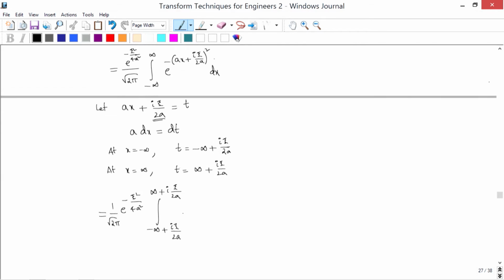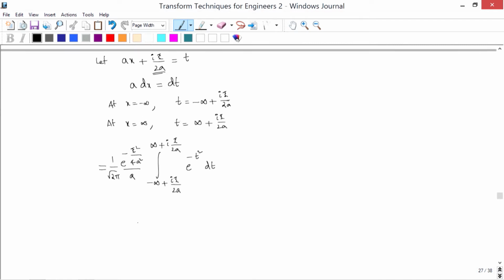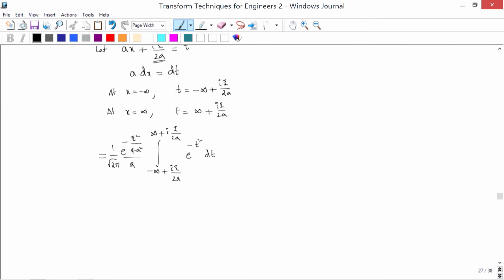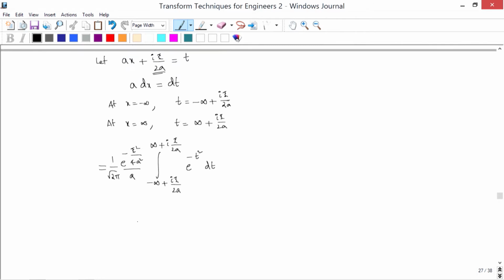This becomes e power minus t square dt, and dt by a is my dx, so 1 by a comes out. This is what the integral is now.